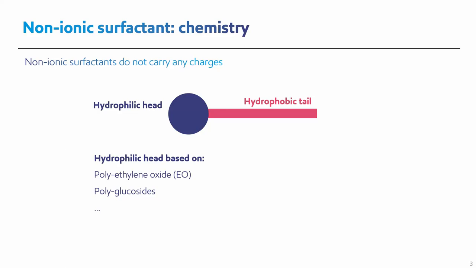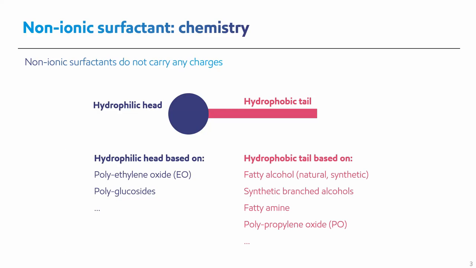This hydrophilic moiety is chemically linked to a hydrophobic tail, which can be fatty alcohol, synthetic branched alcohols, fatty amine, or polypropylene oxide. In this work, we have selected polyethylene oxide as hydrophilic head and a highly linear alcohol as a hydrophobic tail.